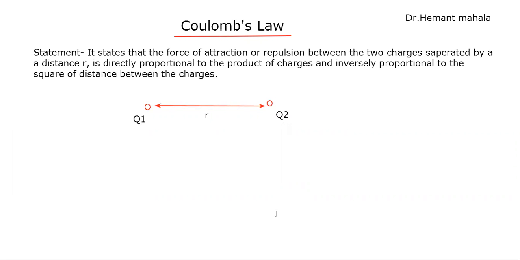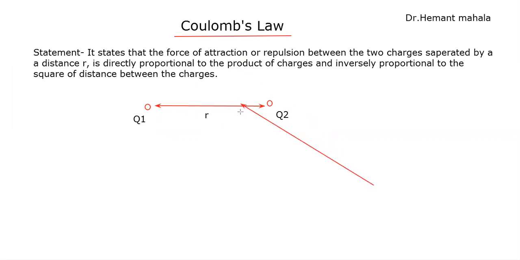Now there are two cases. Force of attraction, in the case if the polarities of these two charges are different. If Q1 is positive and Q2 is negative, then the force will be attractive. If Q2 is positive and Q1 is negative, in that case also it will be attractive.